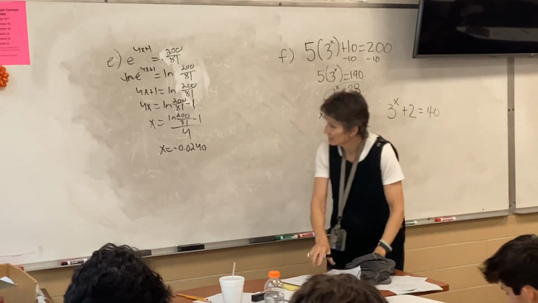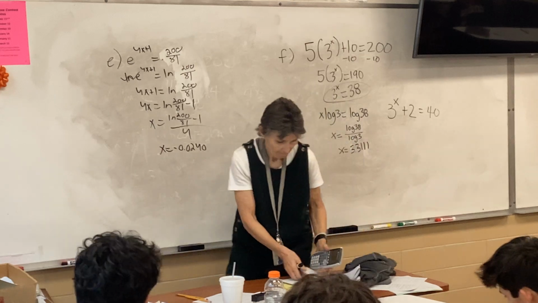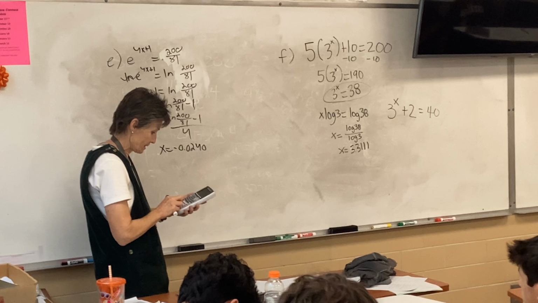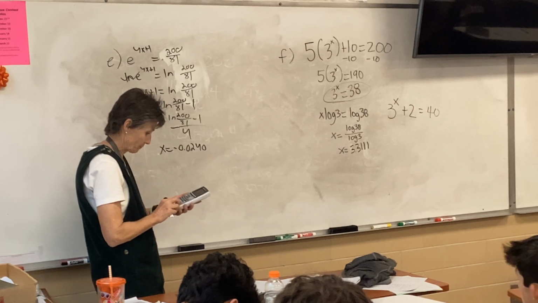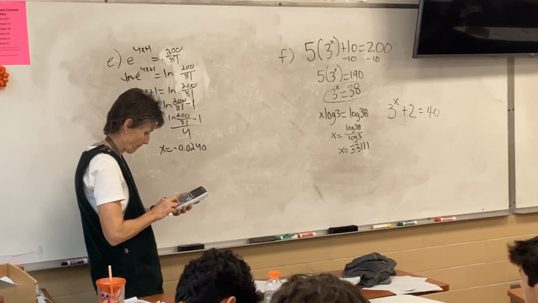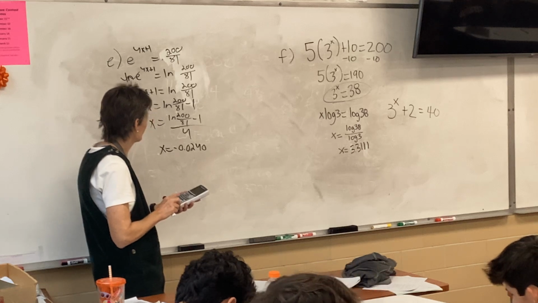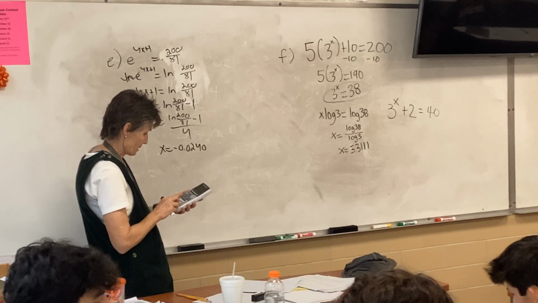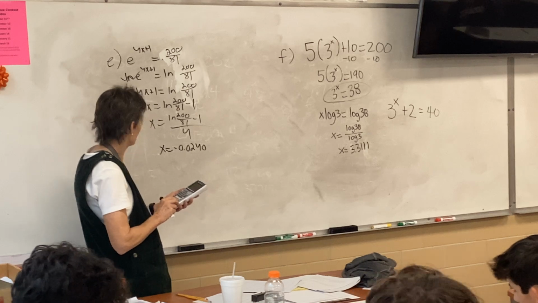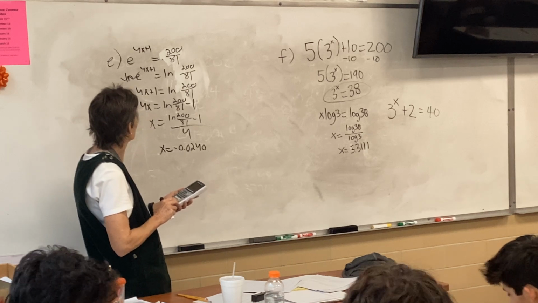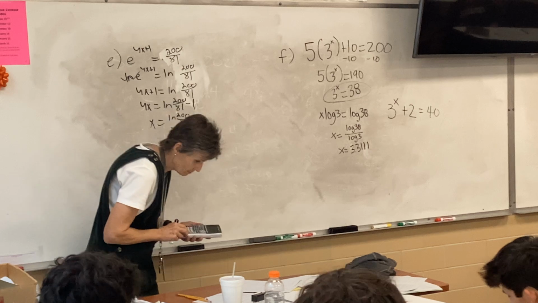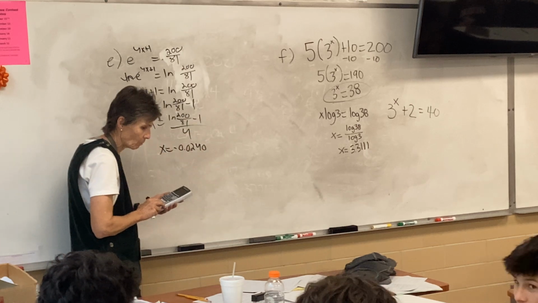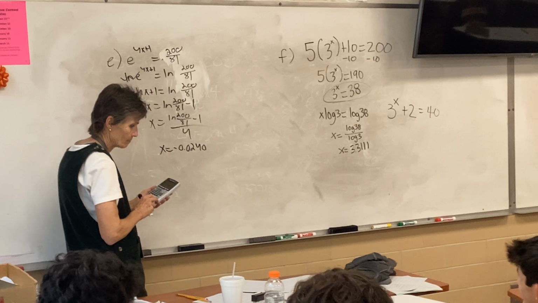I have not done Jake's yet. I did. You got it, Jake. No, you were wrong. Did I just type in my calculator wrong? Oh, man. That's not what I got. What'd you get, 0.6 something?